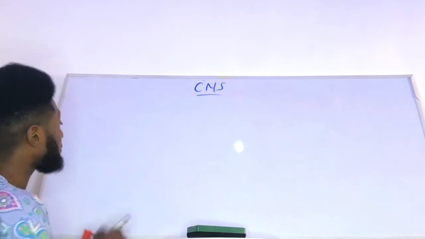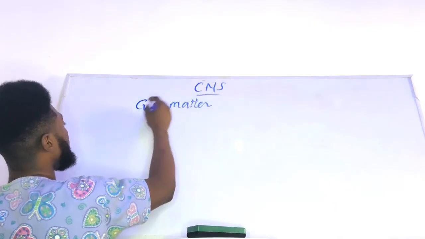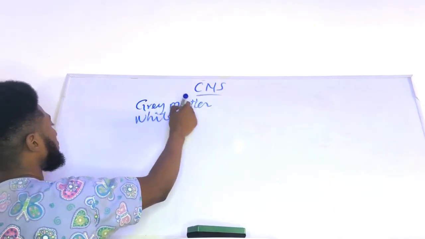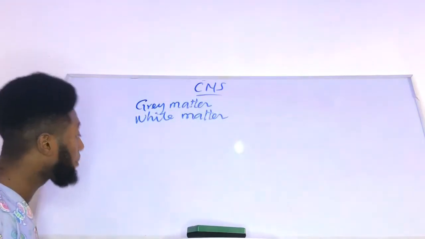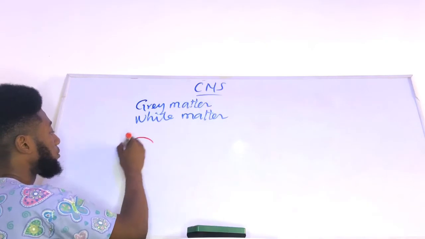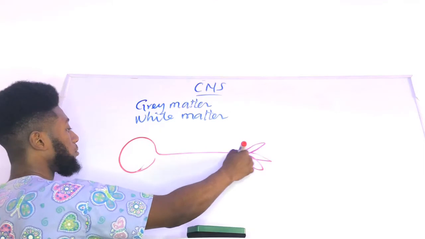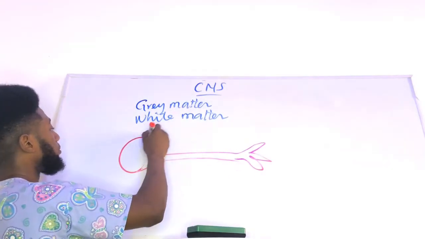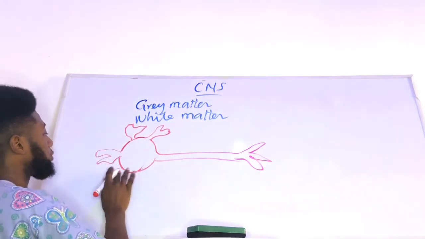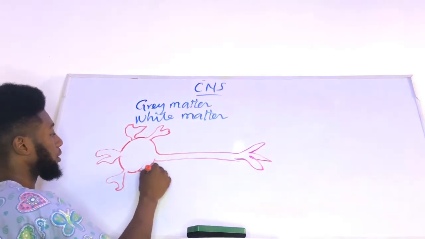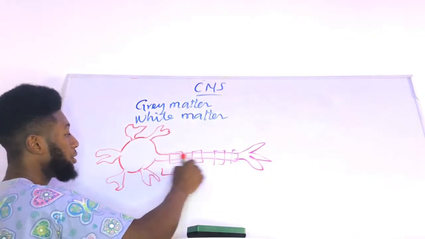In gray matter, in white matter, and also now the same kind of nerve cell with my dendrites to increase the surface area. Okay, I have say my myelin sheath over here. Now I know this is my axon.